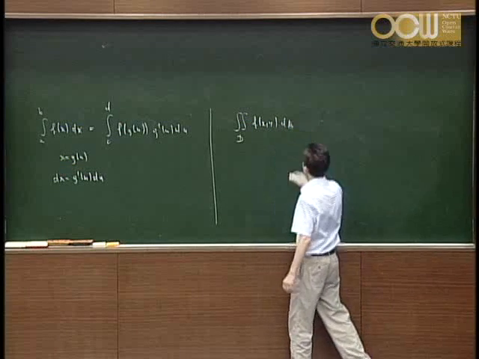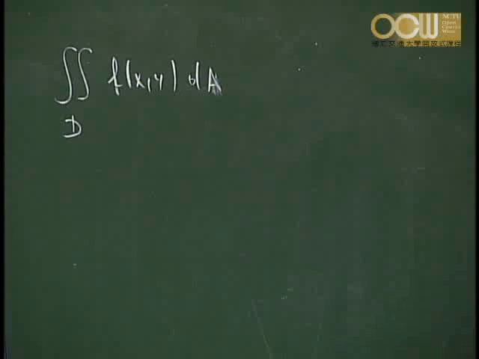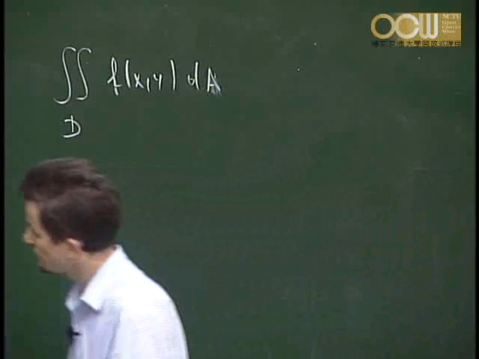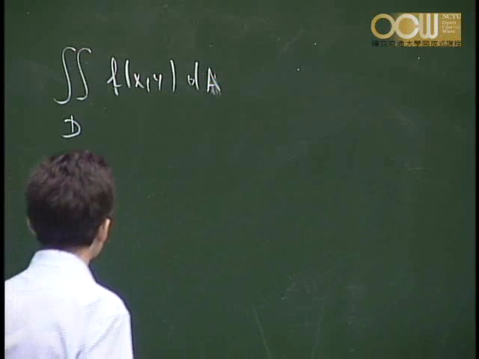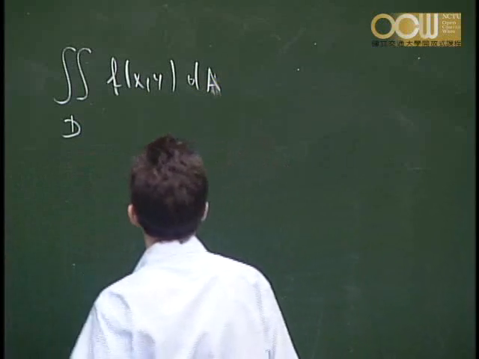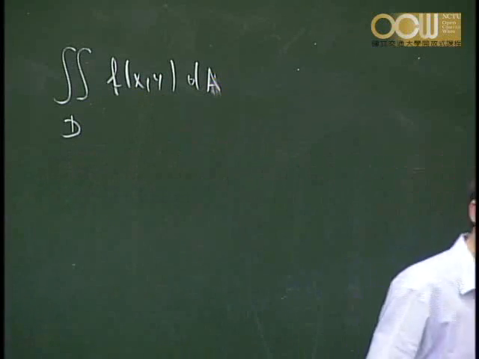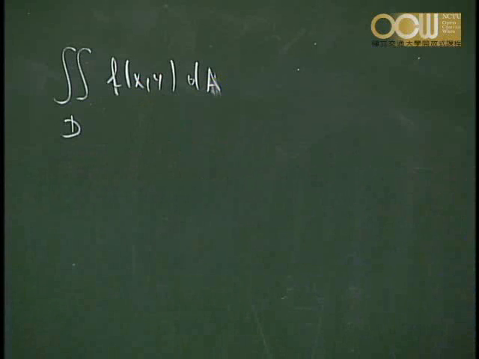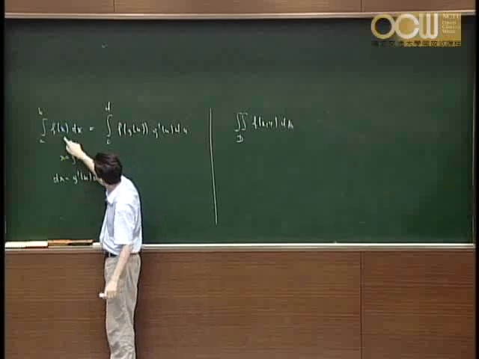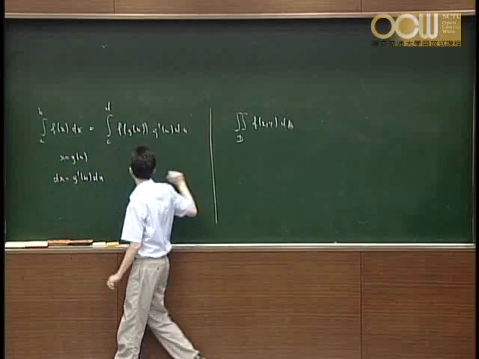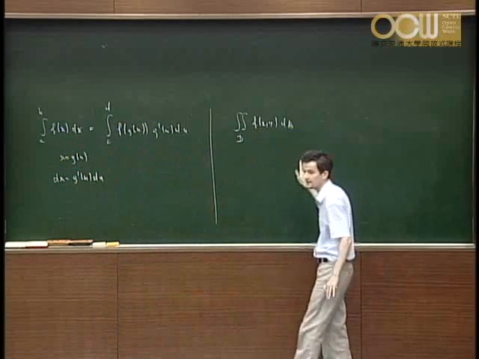And what we want to do is replace this by a general transformation, which maps xy onto, let's say, the uv plane. So here we are in the xy plane, and like here we went from the x line to the u line, here we want to go from the xy plane to the uv plane.